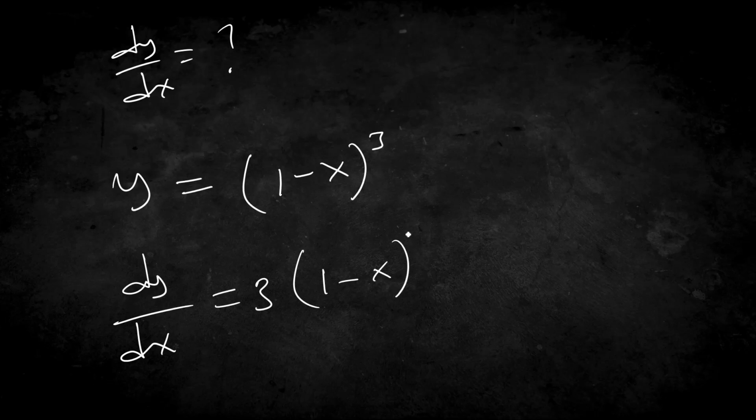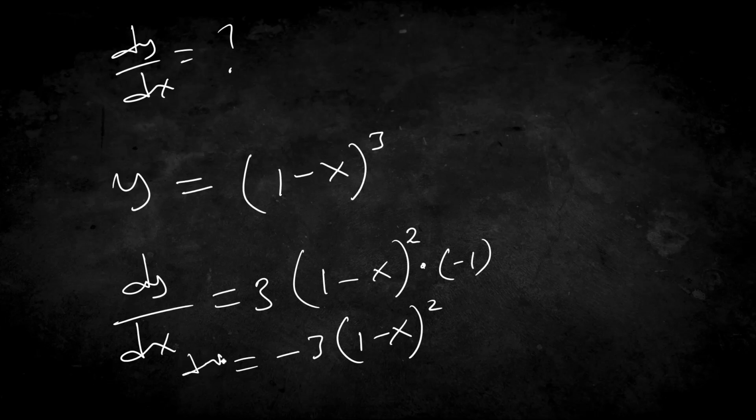So this power will be reduced by 1, to 2, multiplied by the derivative of this. So when you differentiate this one, it becomes negative 1. So we have dy/dx equals minus 3(1 minus x) all raised to 2. Okay.